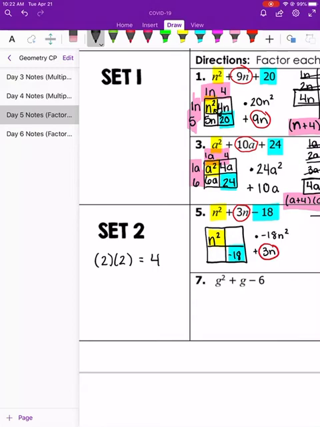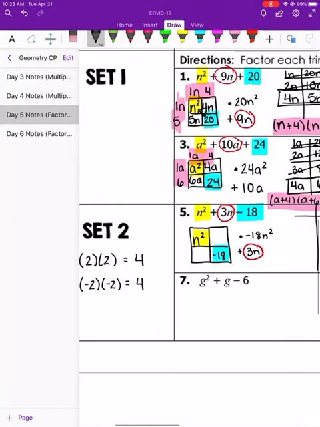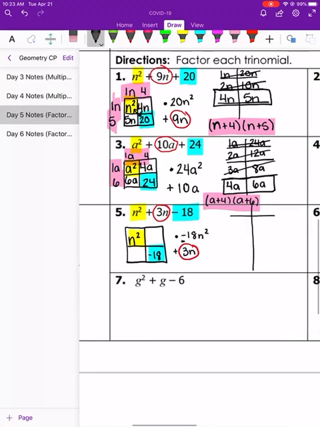Because 2 positives give me a positive. So what if I had negative 2 times negative 2? If I had 2 negatives being multiplied together, well, 2 negatives also make a positive. So this would give me positive 4. So the only way to multiply to this negative right here is by having some type of negative in your answer, okay?